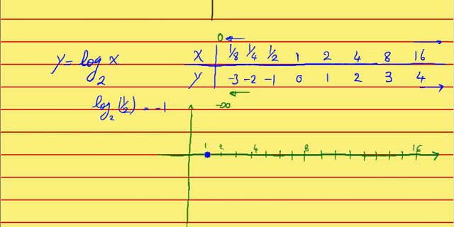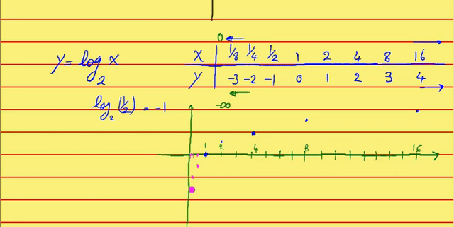We know at 1 logarithm was 0, at 2 it was 1, at 4 it was 2, at 8 it was 3, at 16 it was 4. At half, here's a half. At half it was supposed to be minus 1, so it is almost minus 1. A quarter, so that's minus 2.